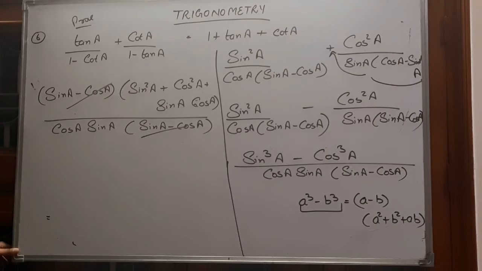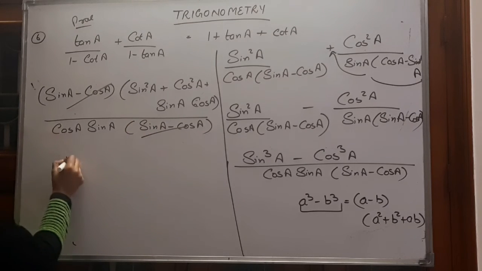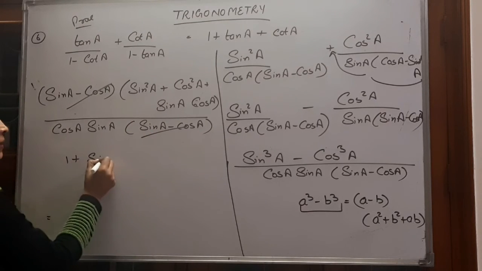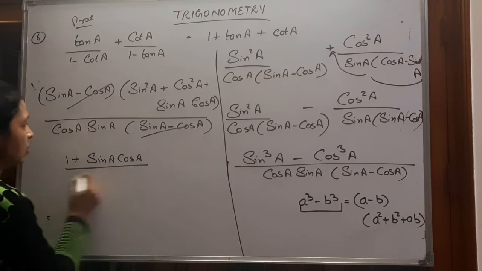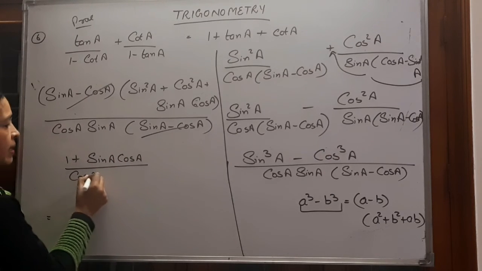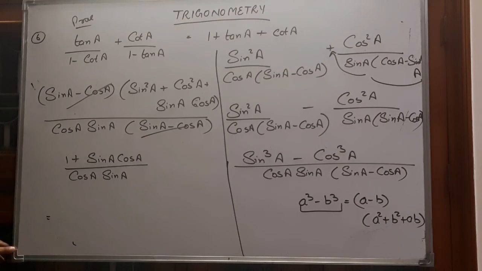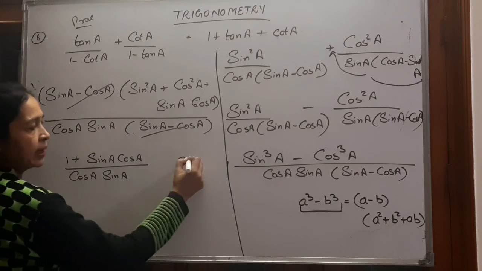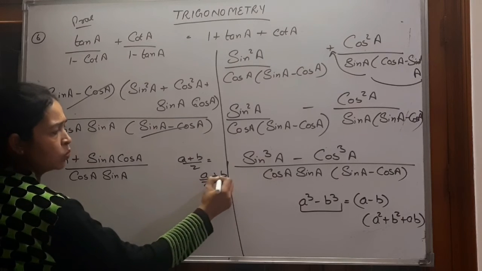These two terms get cancelled. What is sin square a plus cos square a? 1 plus sin a cos a upon cos a sin a. What we will do? Again, a plus b upon 2 can be written as a by 2 plus b by 2.